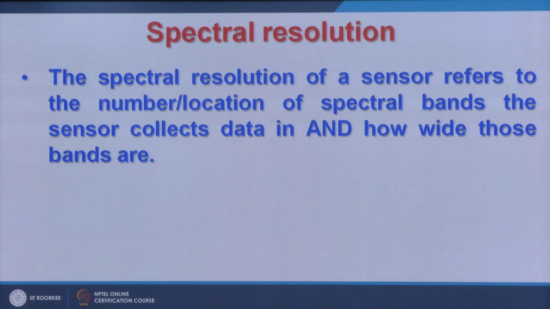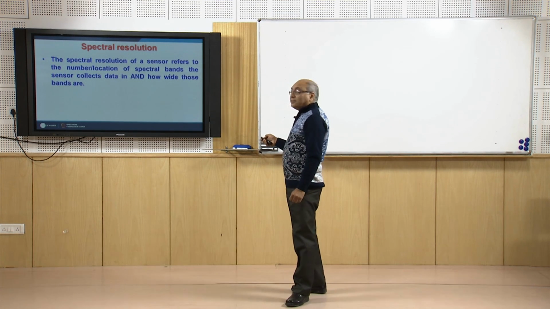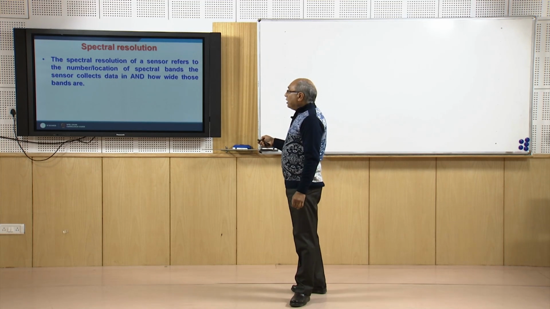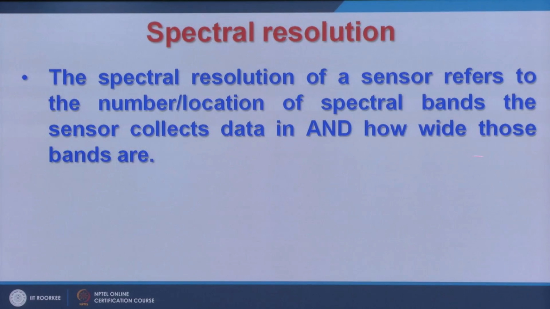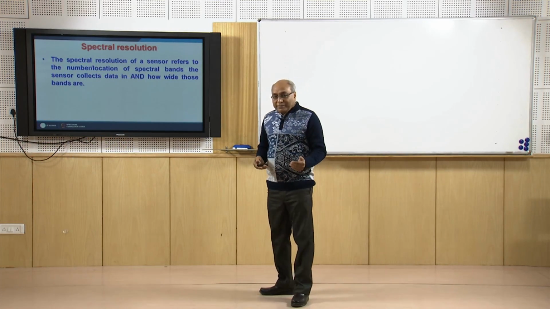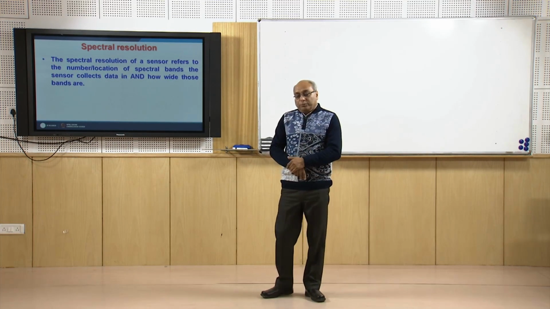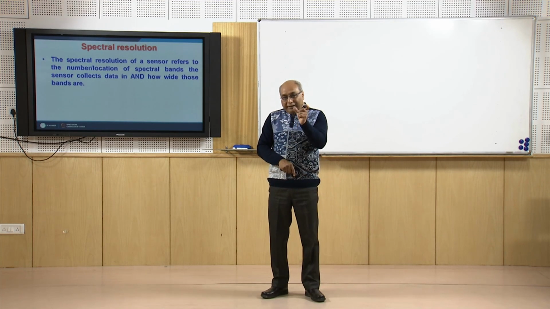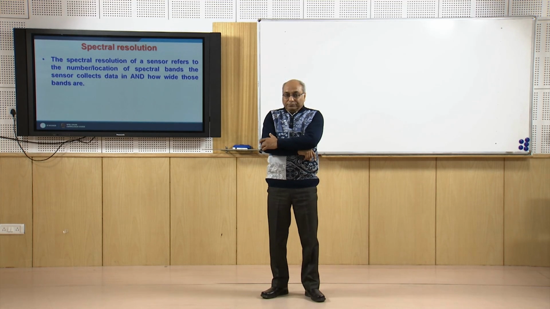Now the second one is the spectral resolution. As said, the spectral resolution of a sensor refers to the number and location of spectral bands the sensor collects, and how wide those bands are. Initially, when Landsat MSS was there, it covered the same part of the EM spectrum, but it had the same width, at least for the first 3 bands, and these were quite wide or broad.